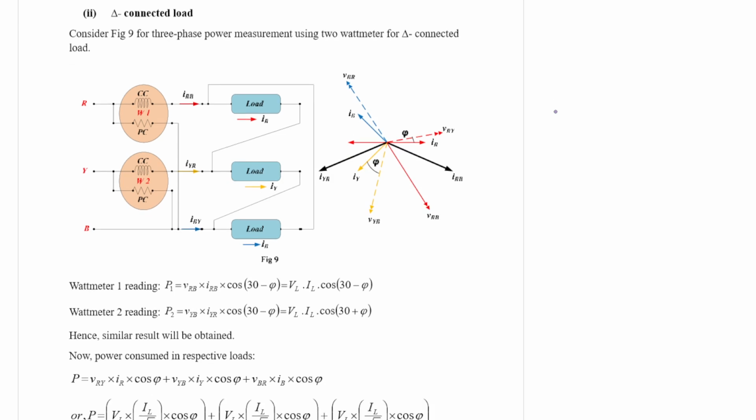So let us consider figure 9, where again 3 loads are connected in a delta fashion. Now what is delta fashion? If 3 loads are connected in this way, then this is called a delta network.